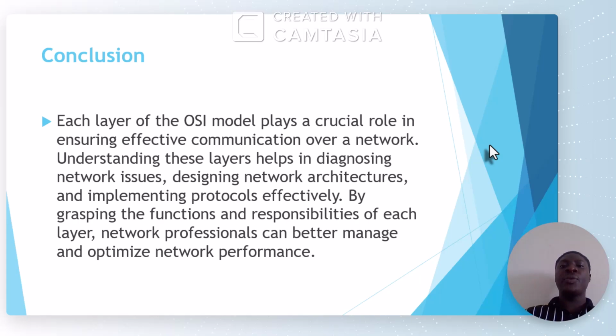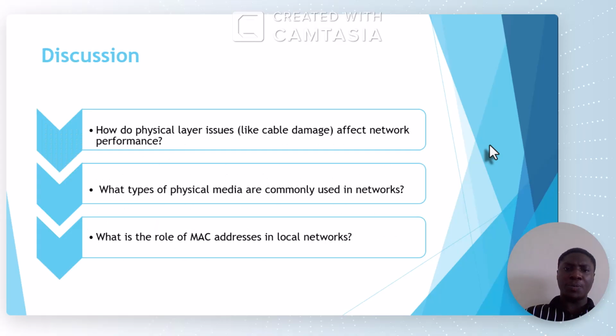Understanding these layers helps in diagnosing network issues, designing network architecture, and implementing protocols effectively. By grasping the functions and responsibilities of each layer, network professionals can better manage and optimize network performance.